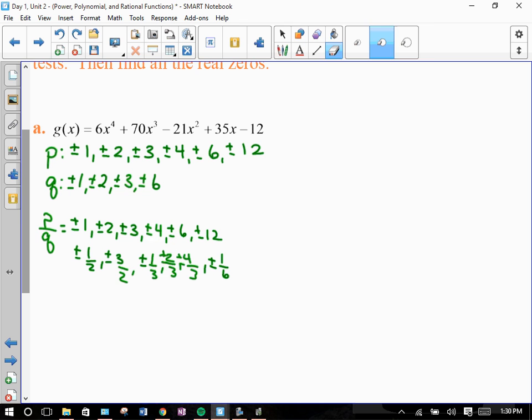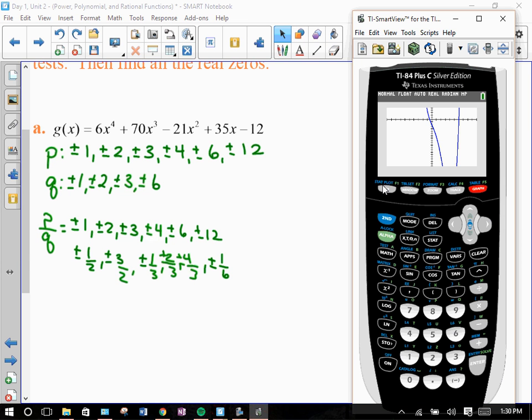So, alright, are you graphing yet? Alright, so you have 6x to the 4 plus 70x squared equal x squared plus 35x. Alright, so you graph this.